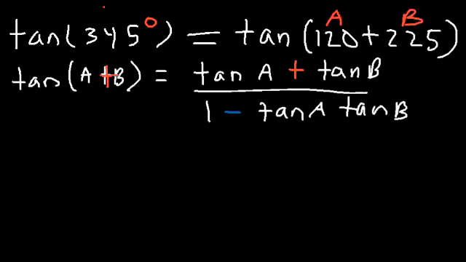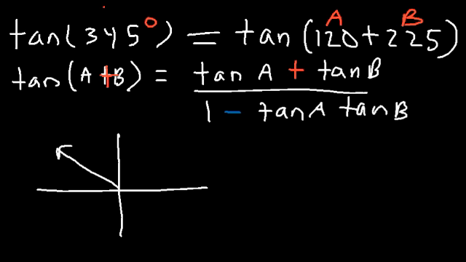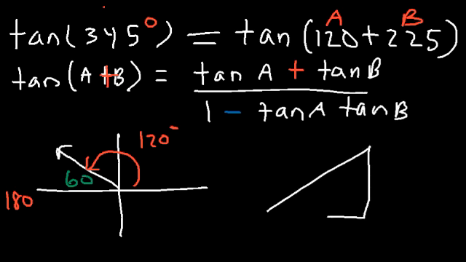So what's tangent 120? 120 is over here in quadrant 2 in the unit circle. So that's 120. And 180 is on the negative x-axis. So the difference between 180 and 120 is 60. So the reference angle is 60. So using the 30, 60, 90 triangle, we can find out tan 60, which will help us to calculate tan 120.